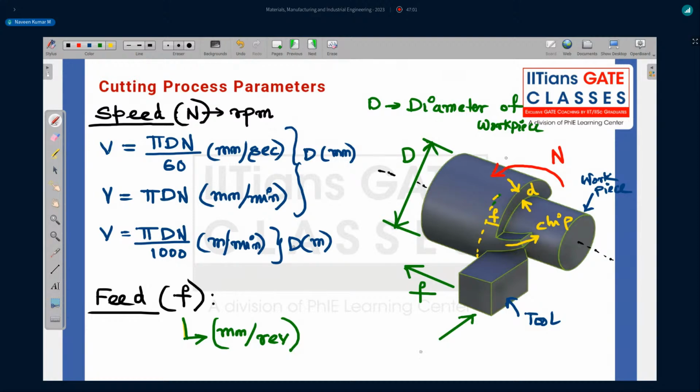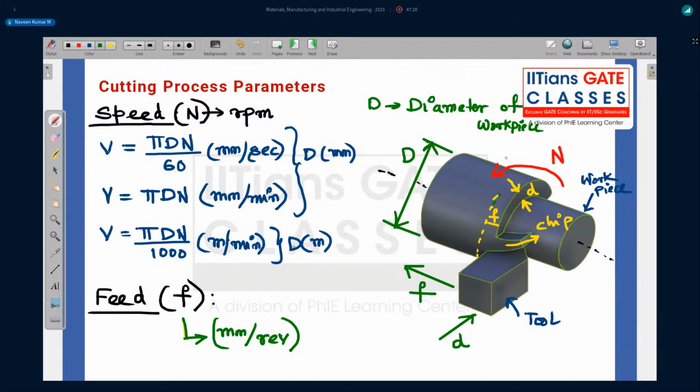You're going inside, so that is your depth of cut d. You are giving d inside, the depth of cut direction. You can vary the depth of cut as the machining is happening, or you can keep the depth of cut constant also. If you keep the depth of cut constant, the diameter after the machining will be constant throughout.